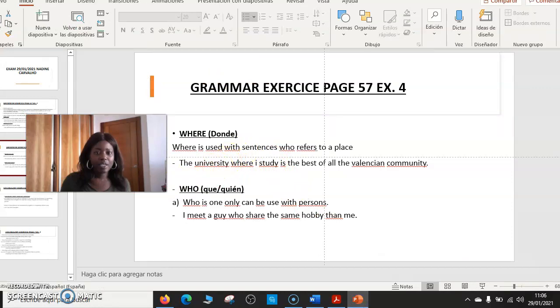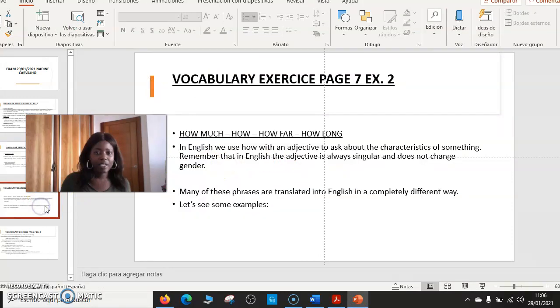And we will continue with the vocabulary exercise, page 7, exercise 2, which goes with how much, how far, and how long, in my case. In English, we use how with an adjective to ask about the characteristic of something.